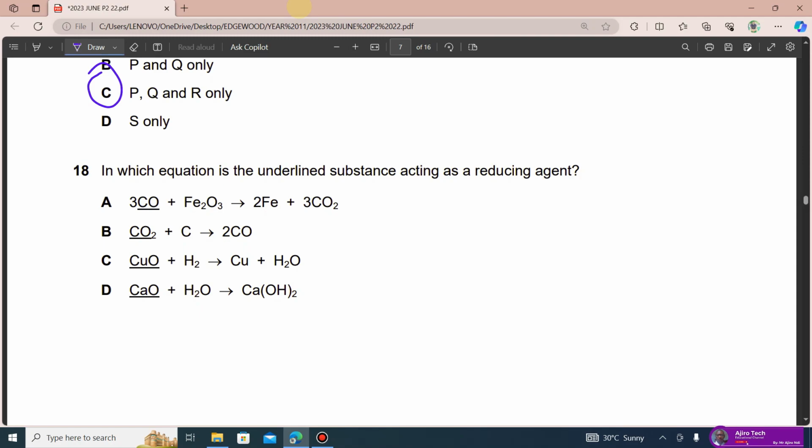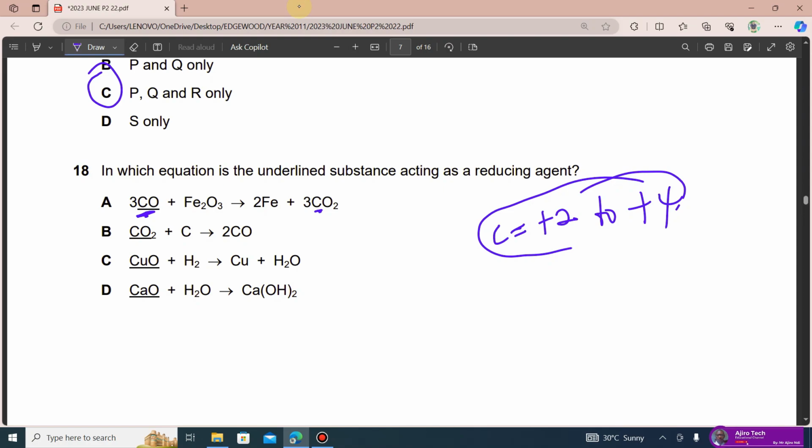Looking at it, carbon monoxide has carbon with an oxidation number of +2 on the reactant side, but on the product side it moves from +2 to +4. This is an oxidation, an increase in oxidation number, and since it is oxidized, it is a reducing agent.